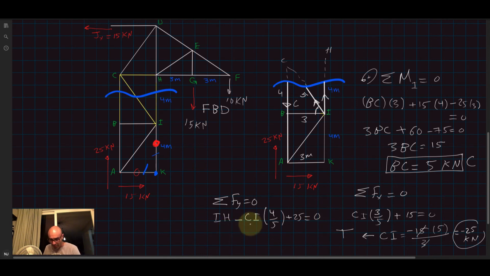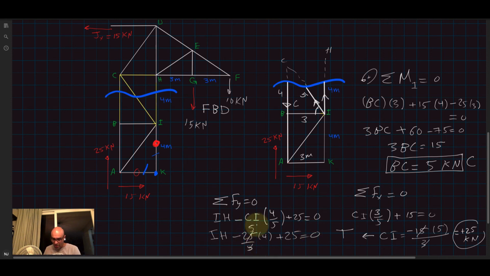And now, if we do that, CI we found to be 25. Since we changed the direction, I forgot to change the sign, so we should keep that in mind. So that's minus 25 divided by 5 times 4, and that's IH plus 25 is equal to 0.